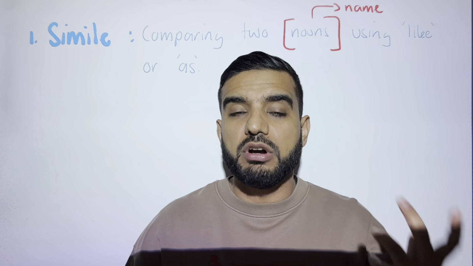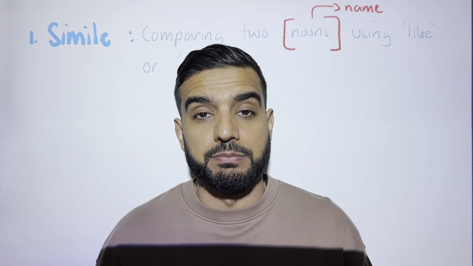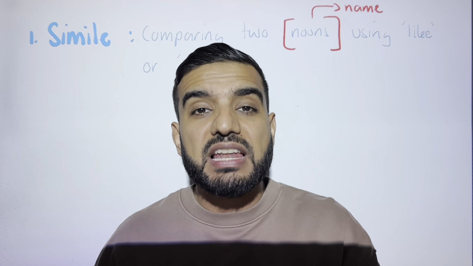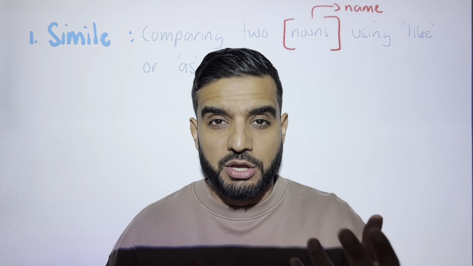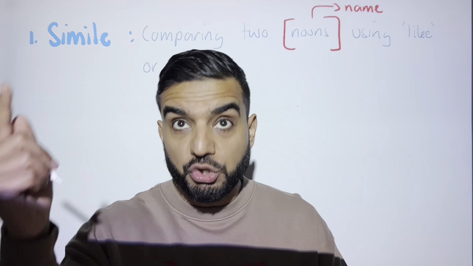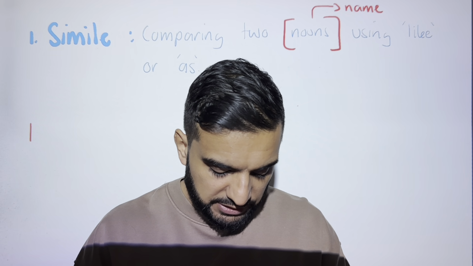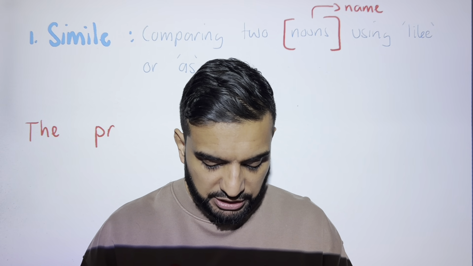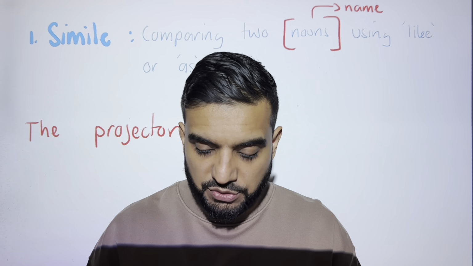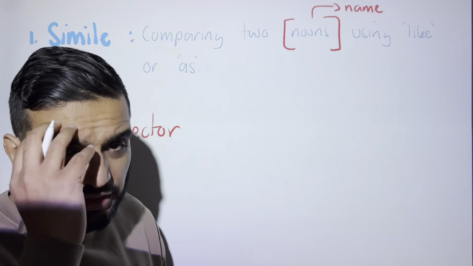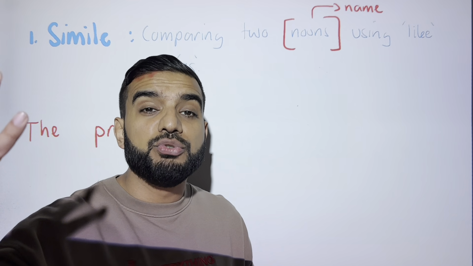Then you have to ask yourself the question, what am I comparing about them? You have to select a feature of that particular item. For example, let's look at this room right now. Right above me, guys, is the projector. So if I said the projector, that's my first noun done. Now I've got to think about, what is it about the projector that I want to talk about?